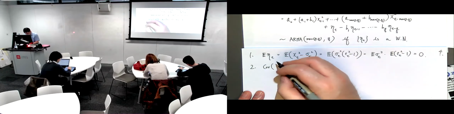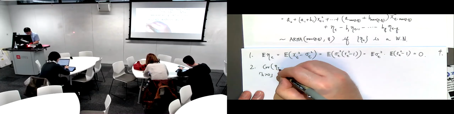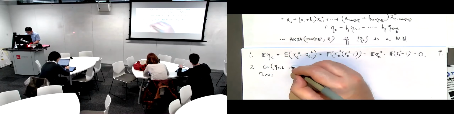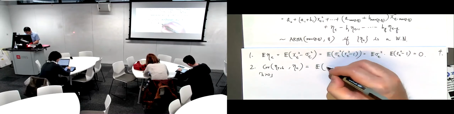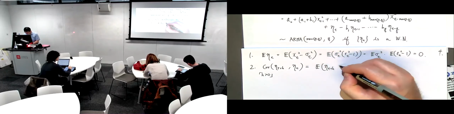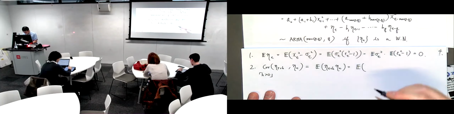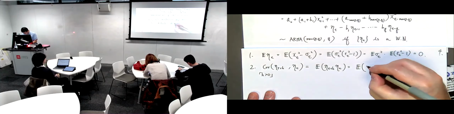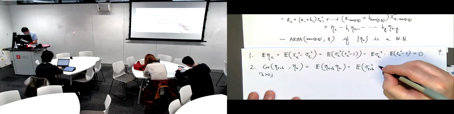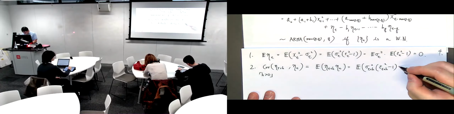How about covariance? So let's say for h larger than 0, covariance of eta_{t+h} and eta_t. Well, we use kind of the same trick. So it's expectation of eta_t and eta_{t+h}. So we only expand eta_{t+h} this time. What do we get? That will be sigma_{t+h} squared times epsilon_{t+h} squared minus 1, multiplied with eta_t.